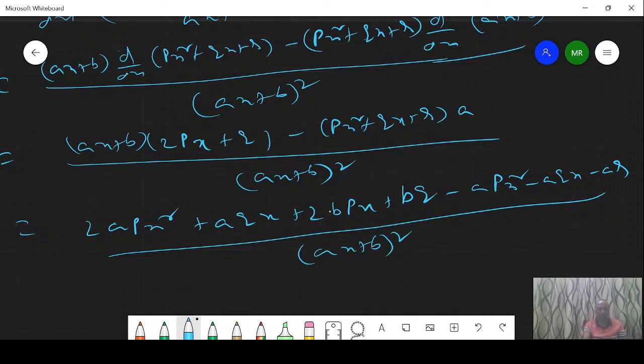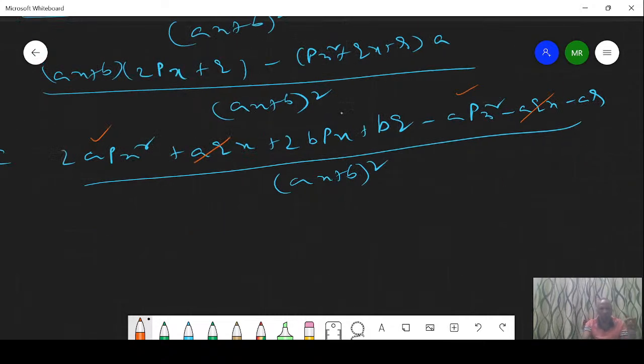Now you can see this is 2apx square here, minus apx square here. I can simplify this. Correct? So aqx, I can strike out this one, right? Other terms I can't eliminate here. 2apx square minus apx square, it will come apx square.